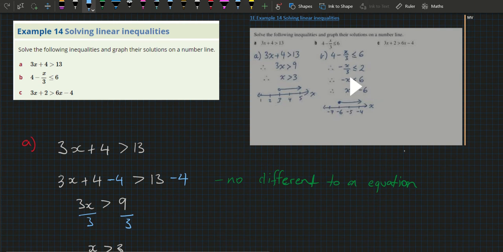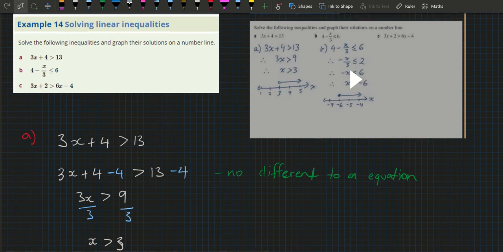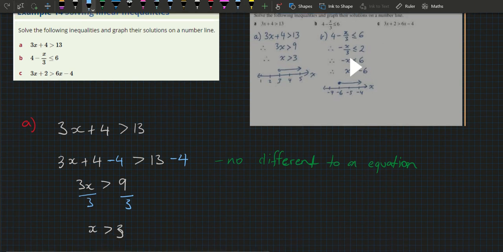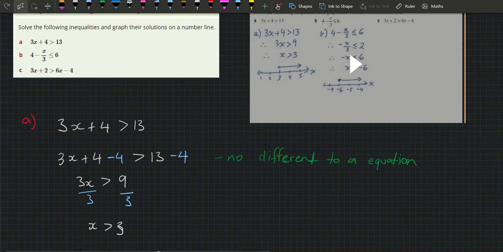And then I divide by 3 because I'm getting rid of the 3 next to the x, and that's a positive number, so nothing changes. So that ends up being x is greater than 3, okay? Any x where 3x plus 4 is greater than 13 is the same as saying any x greater than 3.